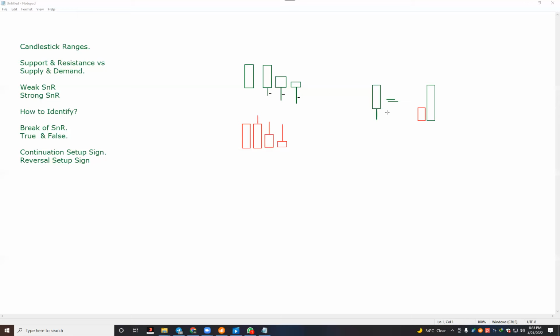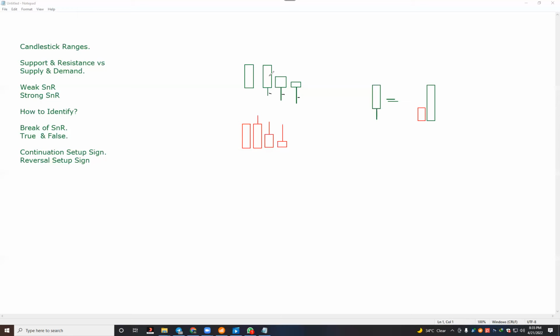Sellers failed. When sellers failed and buyers control the market, then the buyers are stronger. In the lower wick, it means that the sellers failed. Keep this point in mind: when the wick is at the bottom side, it means the sellers failed.